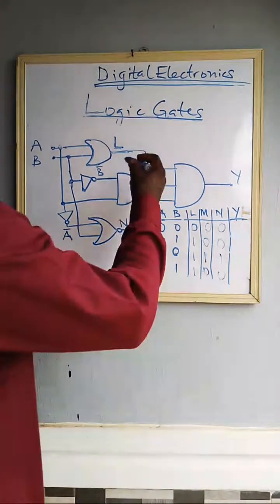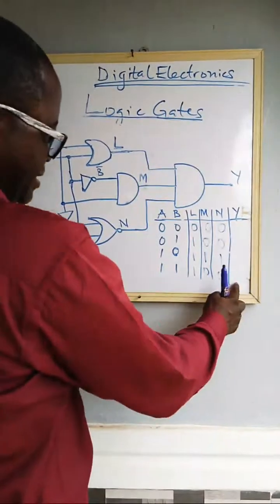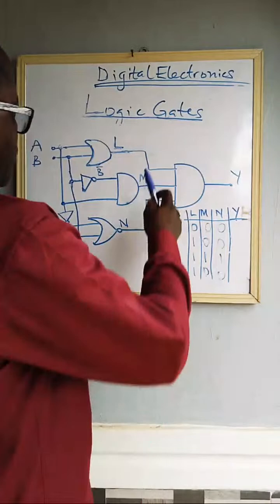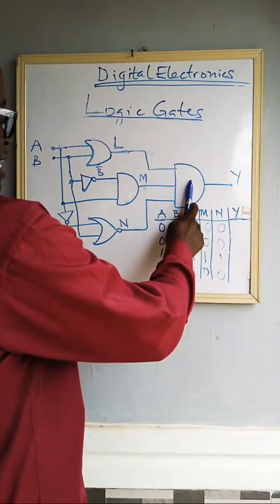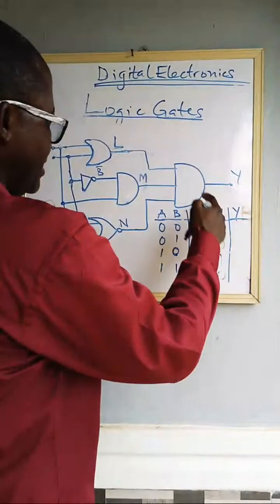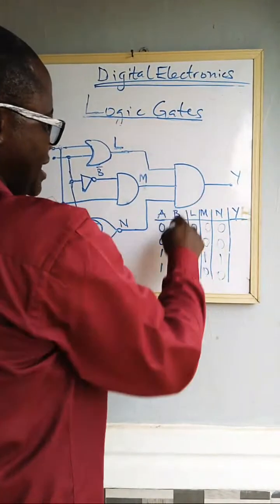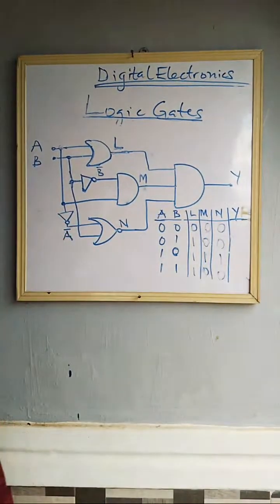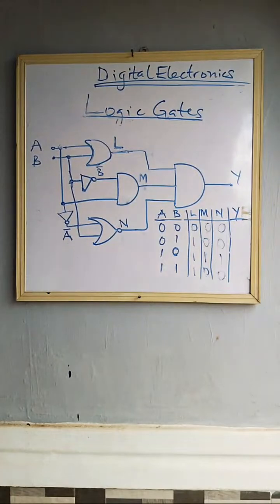Now we have the intermediate outputs L, M, and N. They are now here. So the three of them will now serve as an input to the final AND gate that gives us the output Y. So we need to look at these three columns, L, M, N, entering the AND gate to get an output at Y. All right.